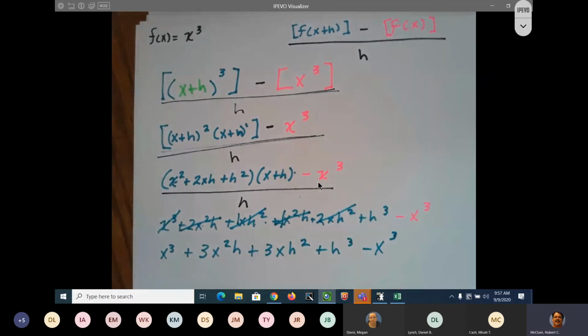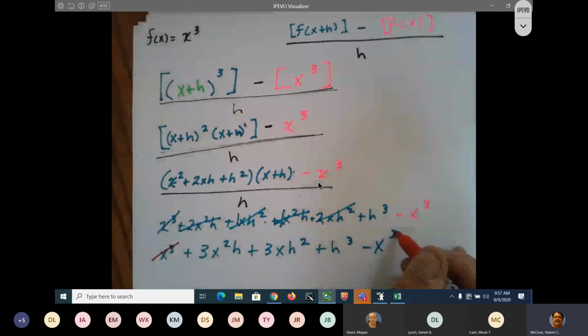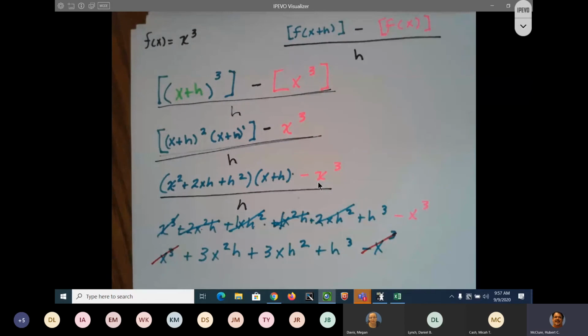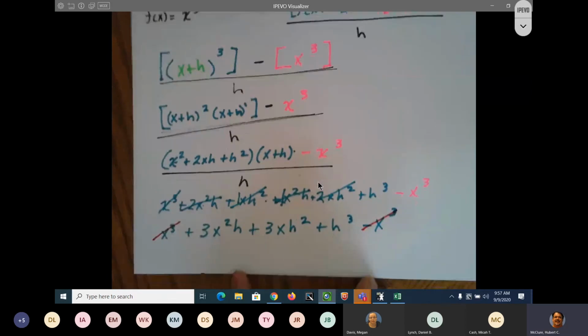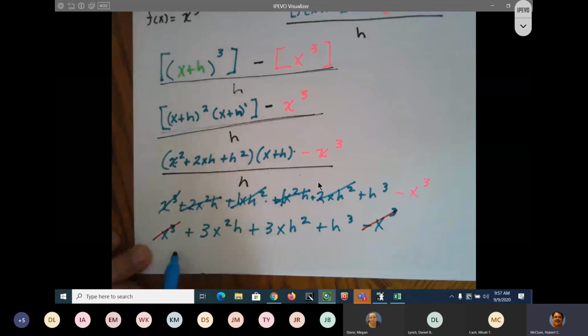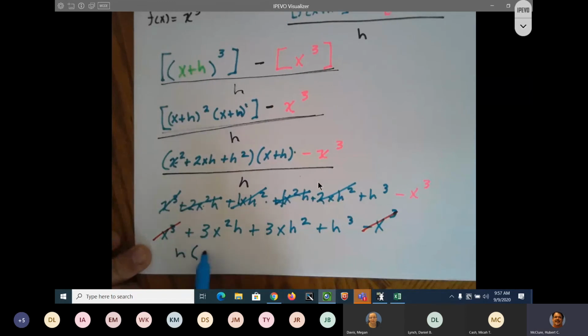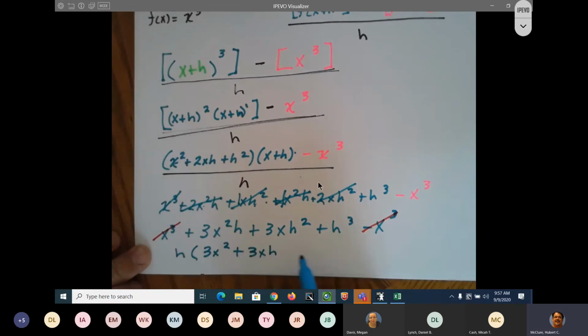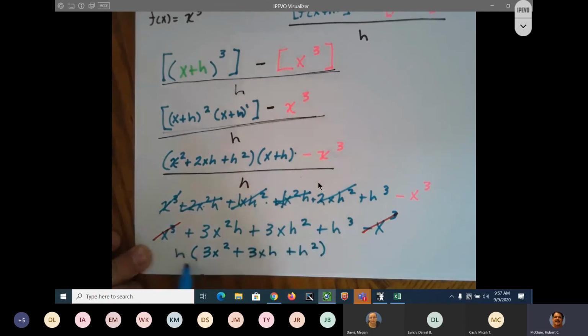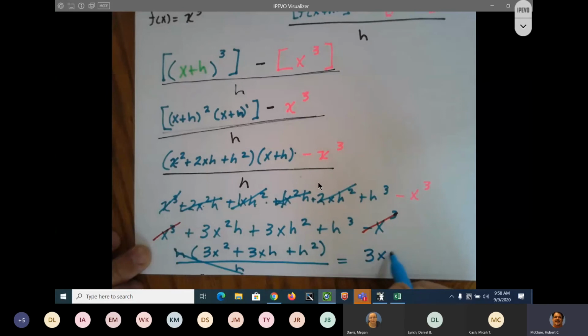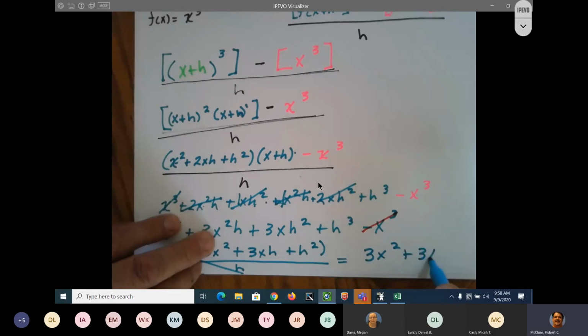And of course you see that the X cubes cancel. And you're left with, I'm going to go ahead and factor out an H, 3X squared plus 3XH plus H squared all over H. So your final answer for this one is 3X squared plus 3XH plus H squared.